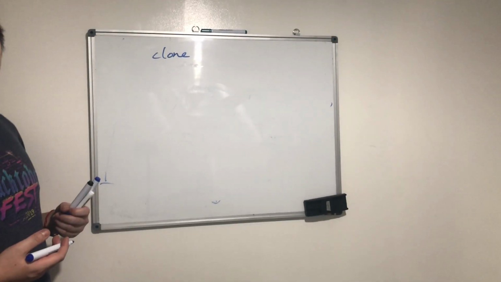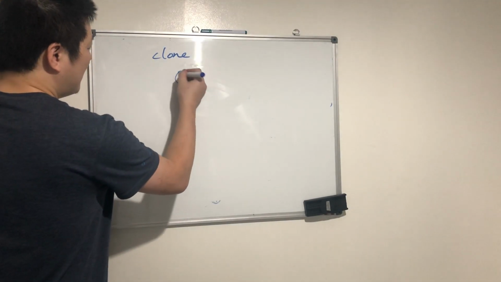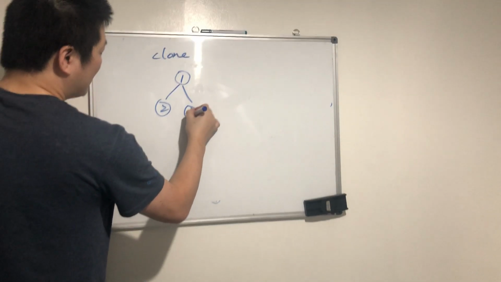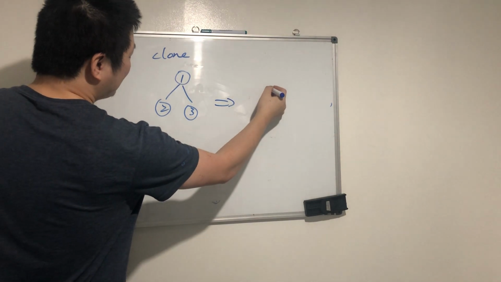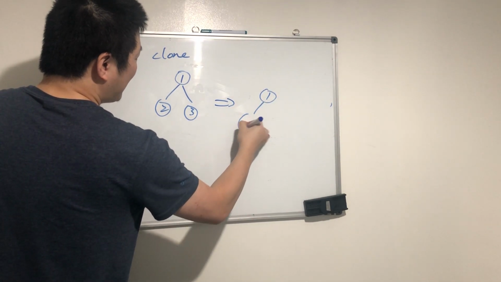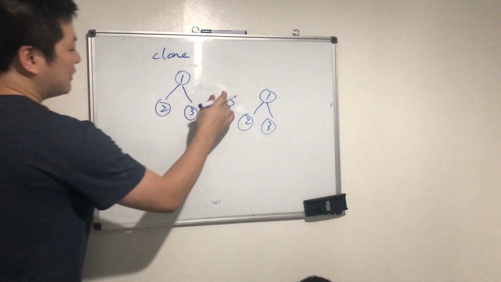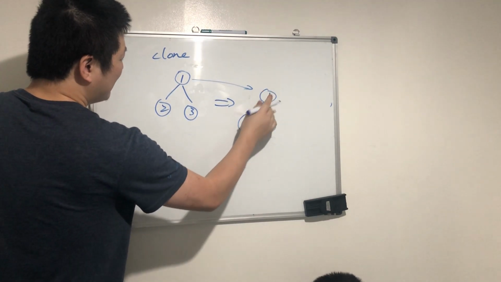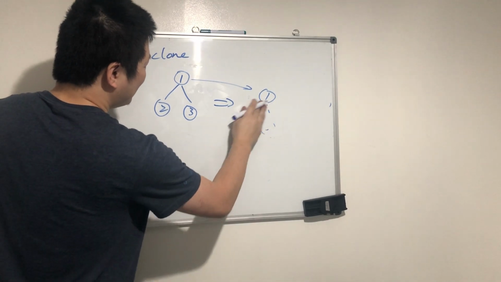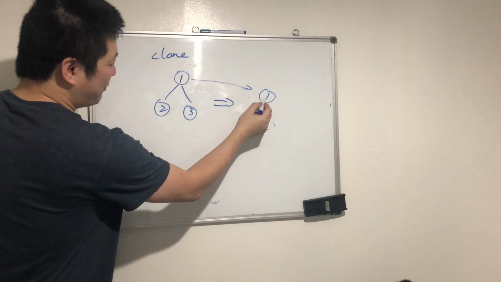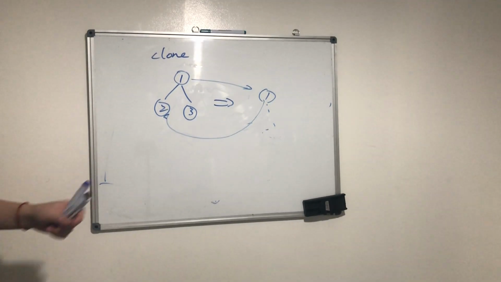So if I want to make a copy of a tree exactly, then you'll have another tree, totally independent. If you just assign a node to it, a copy of the node, and then you visit this copy dot left, you'll be pointing to this. This is called shallow copy.